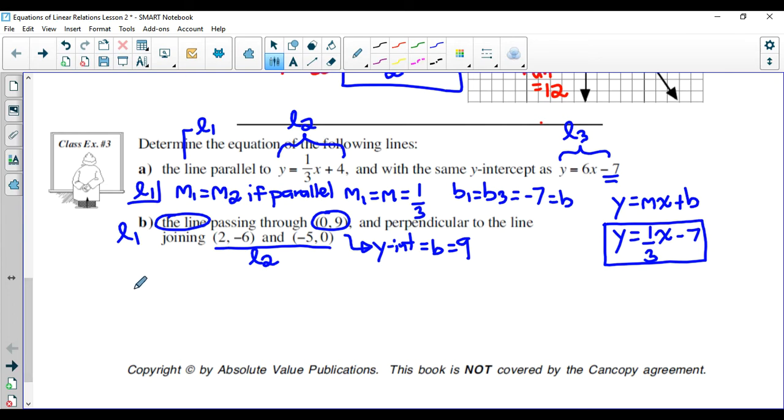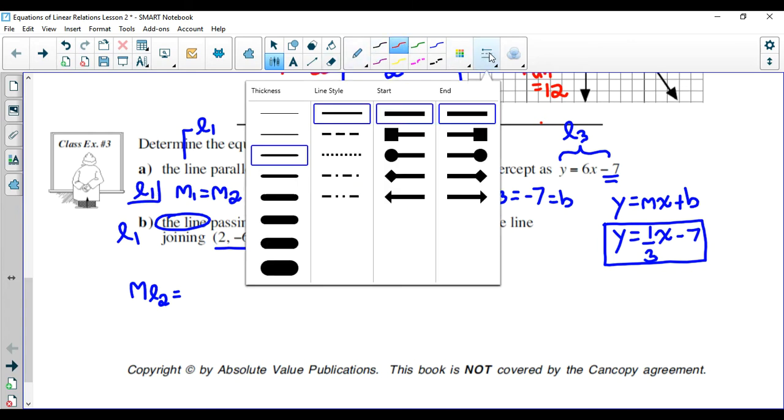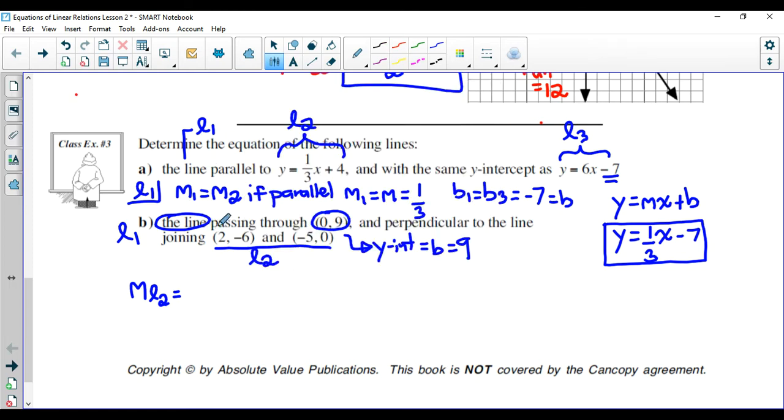Okay, so let's figure out what the slope of line number 2 is. So I'll write down the slope of line number 2. So m of L2 would be equal to, now it gives points here, so it's much more convenient just to use the endpoint formula. So let's label this.